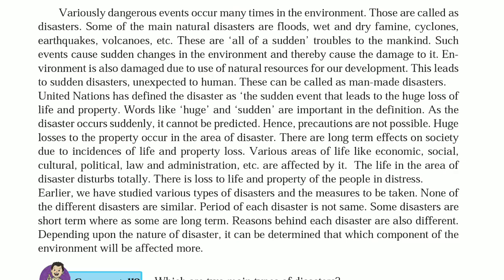Earlier, we have studied various types of disasters and measures to be taken. None of the different disasters are similar. The period of each disaster is not the same. Some disasters are short term, whereas some are long term. Reasons behind each disaster are also different.